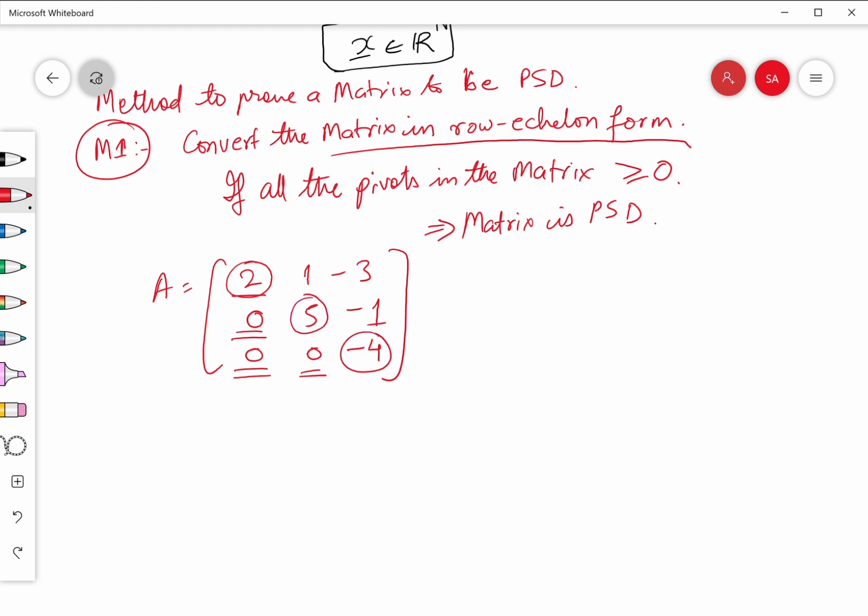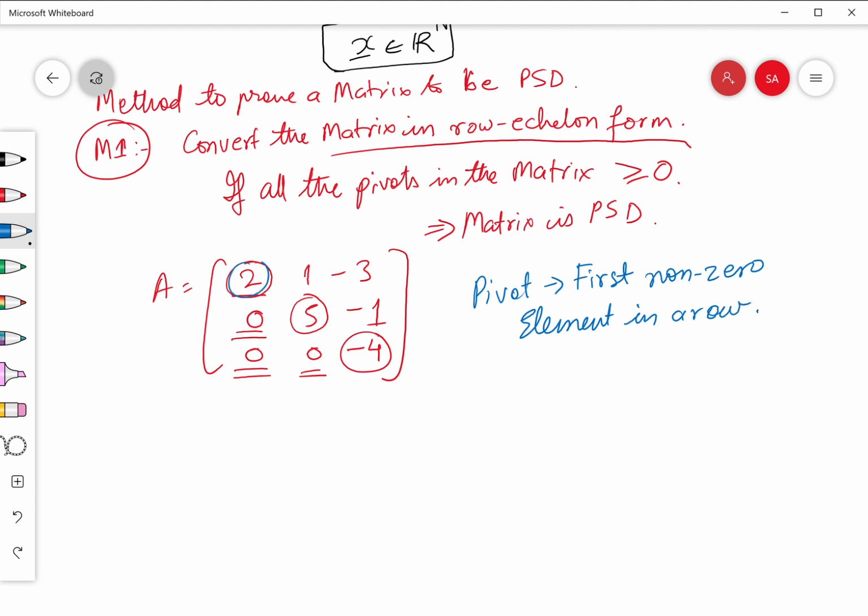Pivot is the first non-zero element in a row. If these pivots are all positive, then you can say matrix A is a positive semi-definite matrix.